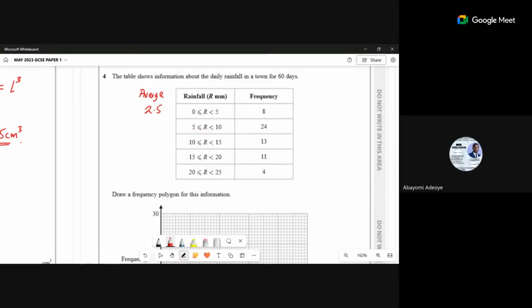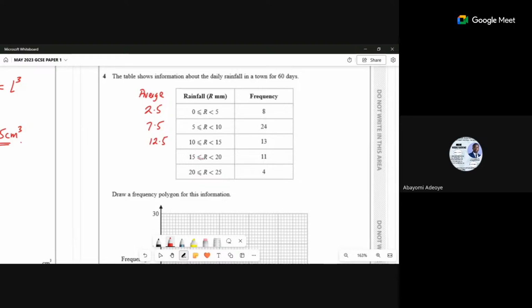What do you have? 7.5. Then add this average, divided by 2. What do you have? 12.5.